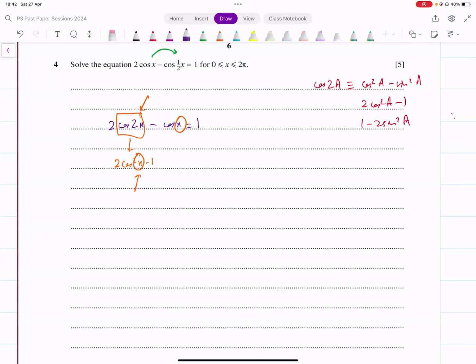Now, similarly, here we've got an x angle and a half x angle. What we can do is convert this bigger angle to the smaller angle somehow. We can use this double angle identity to convert x to half x. How can we do that?